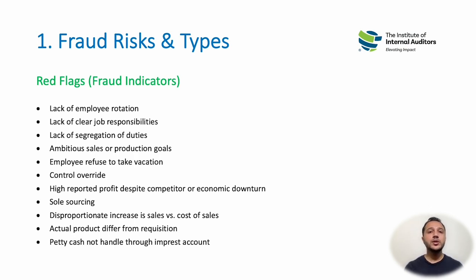As I gave you the example of the MD or GM of the company who committed a fraud because there was no one to ask him. Sorry, but my point here is lack of segregation of duties. Lack of segregation of duties is when someone has ultimate authority for initiating, executing, finalizing and receiving the payments of a transaction.